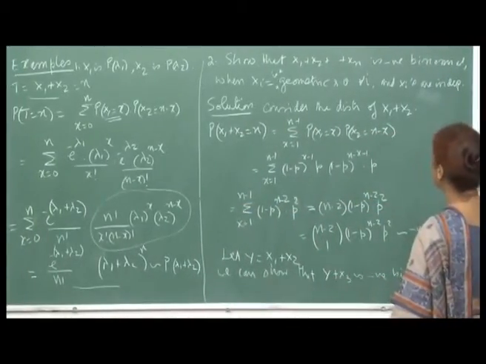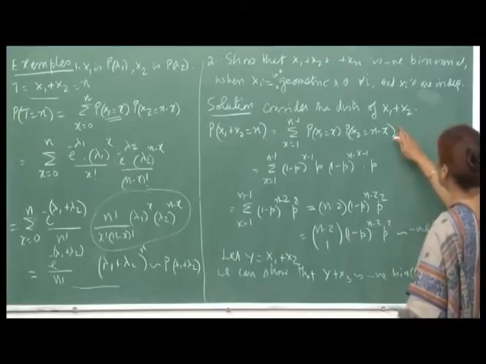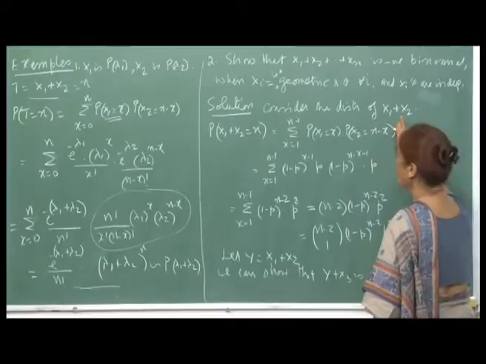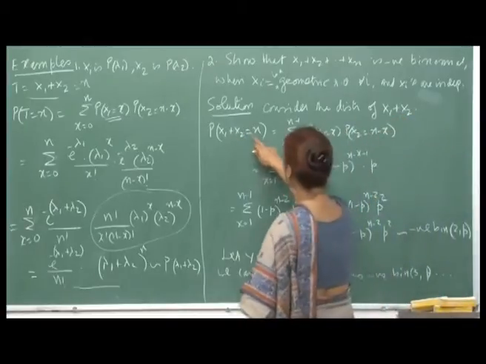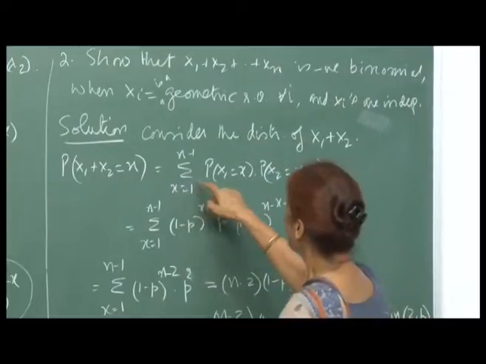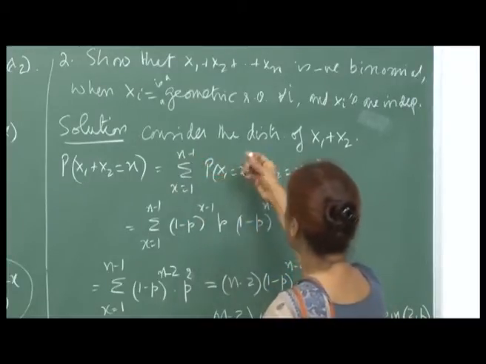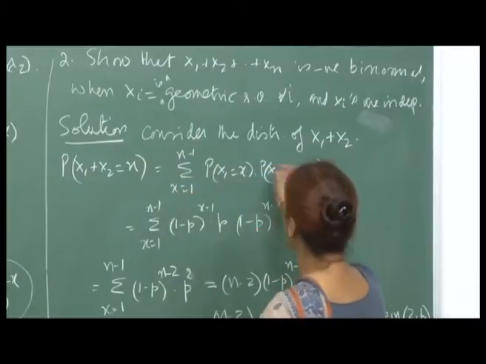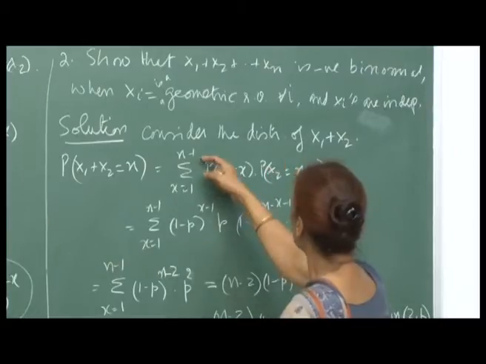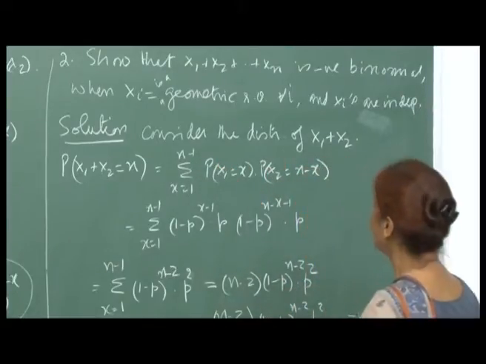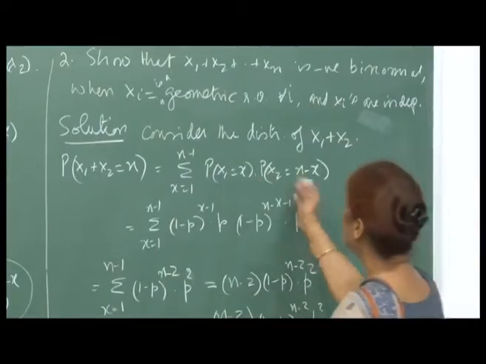So, now here we first consider the sum of the two random variables X1 plus X2. The probability that X1 plus X2 equals n, by convolution, we will write as the sum over x equal to 1 to n minus 1. I cannot have x going from 1 to n, because when x is equal to n, this will be 0, and the probability will be 0, so there will be no contribution to this sum.